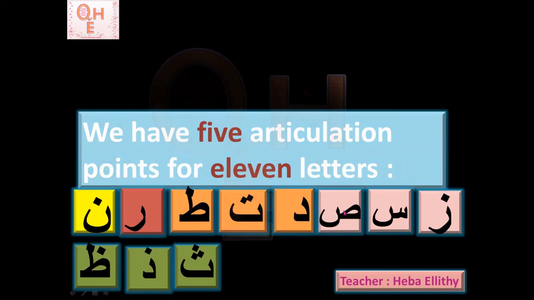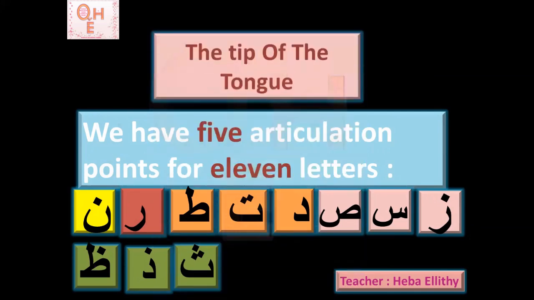Ta, Ta, and Dal are another articulation point, and I colored all of them with the same color because they come from the same articulation point. Saad, Seen, and Zaa are another articulation point. Dha, Dhal, and Tha are our next articulation point. So, 1, 2, 3, 4, and 5 articulation points.